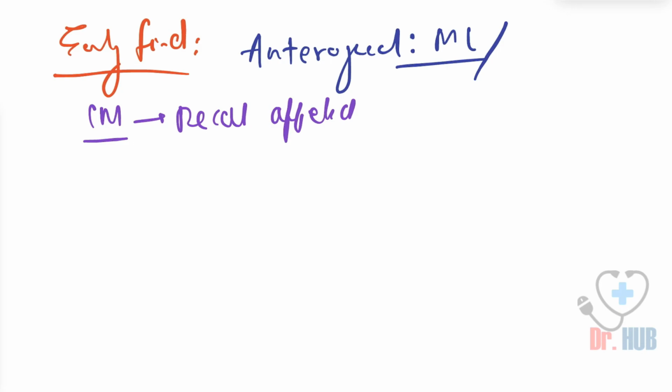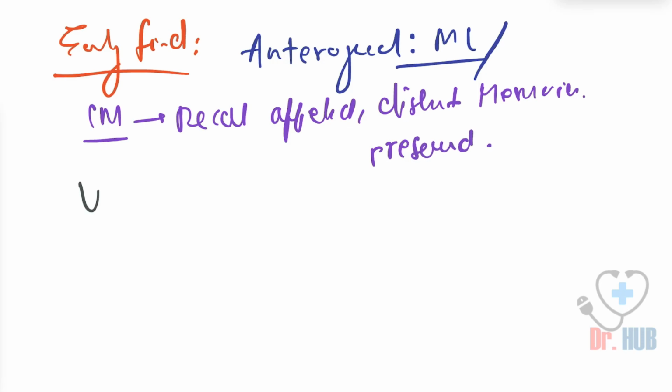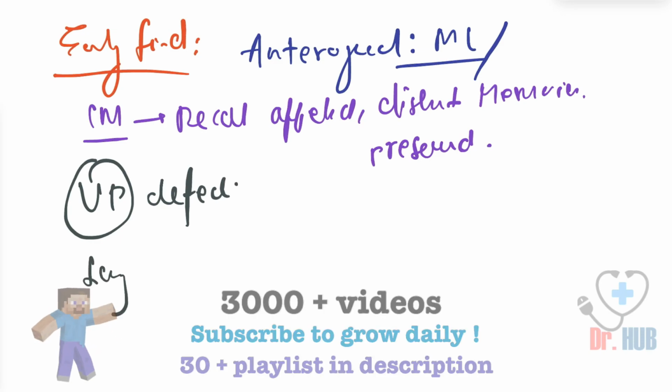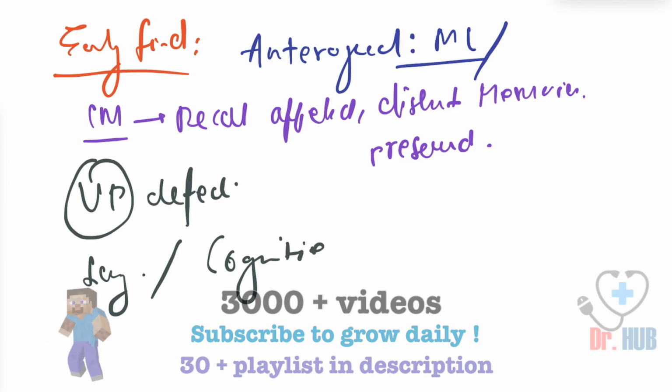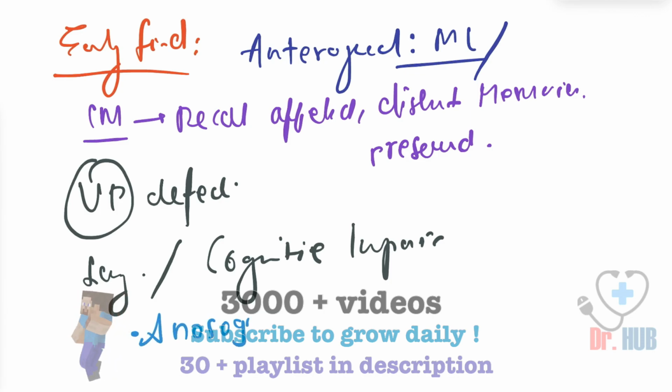Distant memories are preserved. And there are also visuospatial defects, language deficiency, language issues, cognitive impairment, and there is also anosognosia.